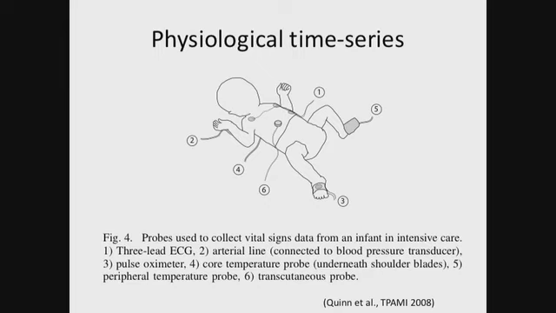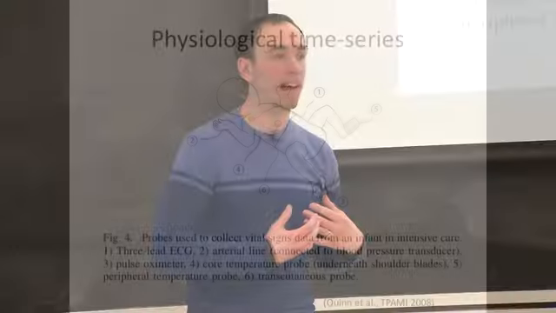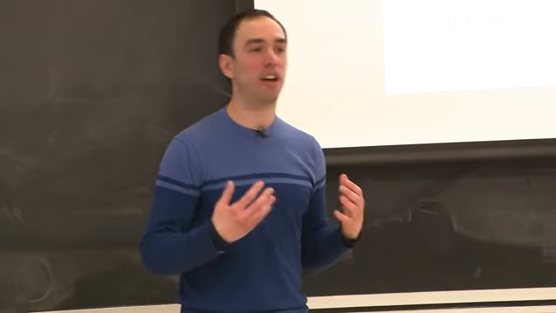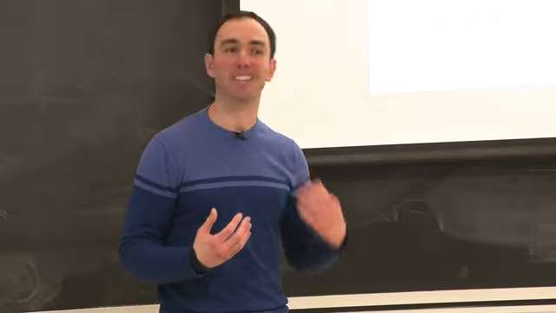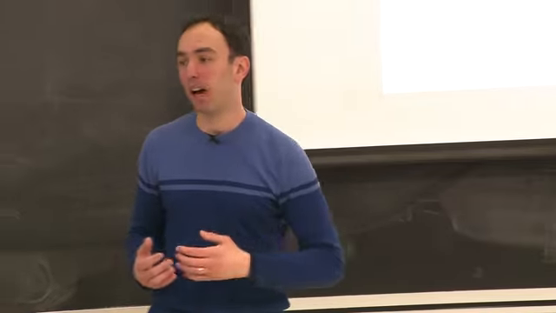Number 4 is a probe measuring the baby's temperature and so on. We're taking really close measurements of this baby because we want to understand how the baby is doing. We recognize that there might be really sudden changes in the baby's state of health that we want to be able to recognize as early as possible.